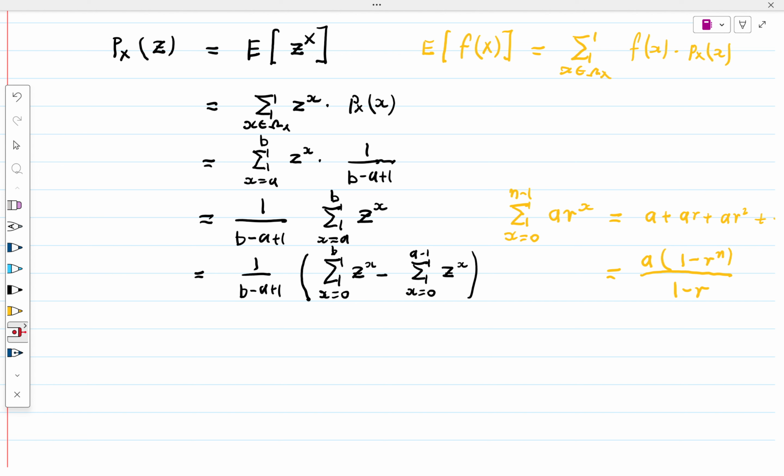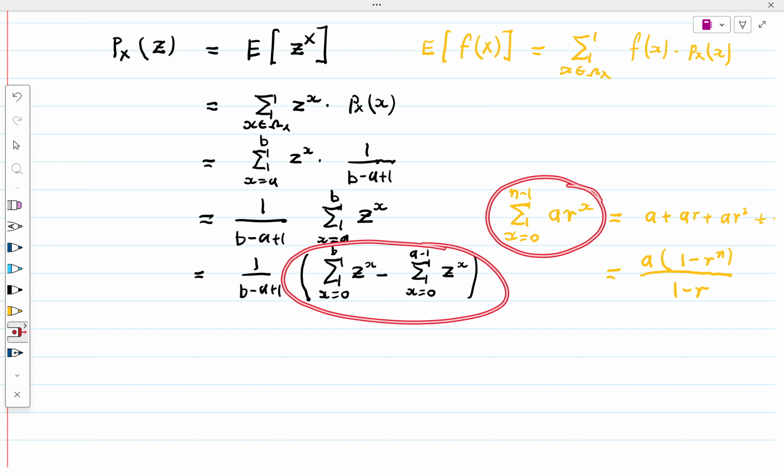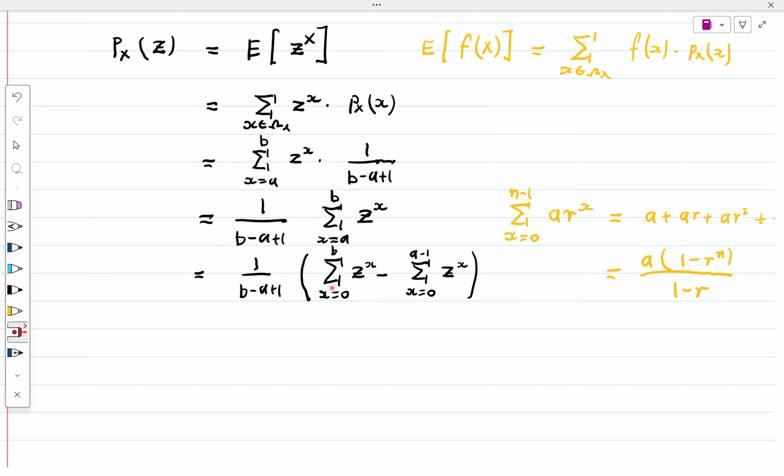In this next step, to make it look like this form over here, I've rewritten the sum from x equals a to x equals b as the difference of two individual sums. One goes from x equals 0 to x equals b, and then I'm subtracting the sum from x equals 0 to a minus 1. By doing that, I'm effectively leaving just the components from x equals a to x equals b.